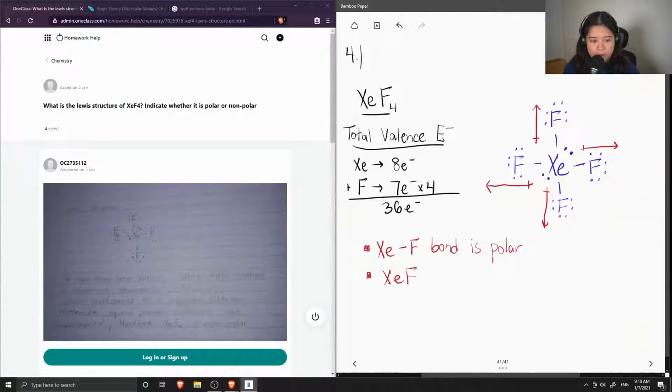So the xenon tetrafluoride molecule as a whole is nonpolar. So its geometry is a square planar, and it's also symmetrical.